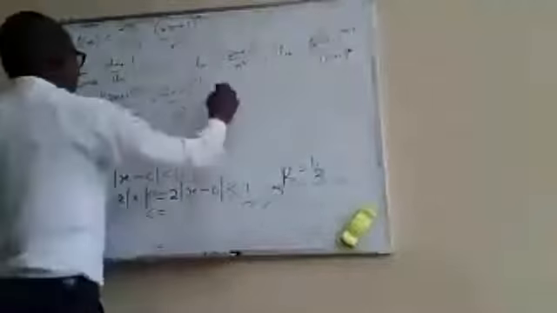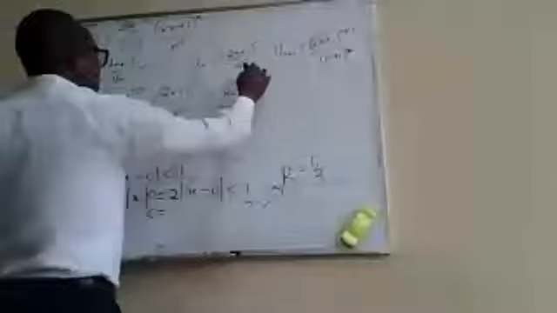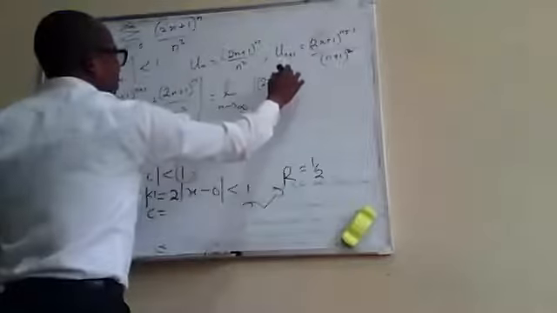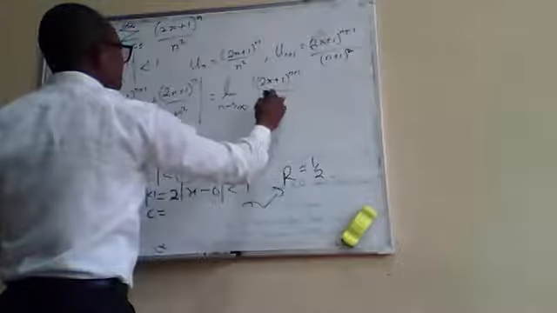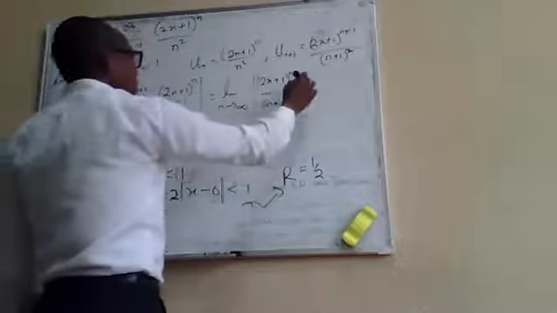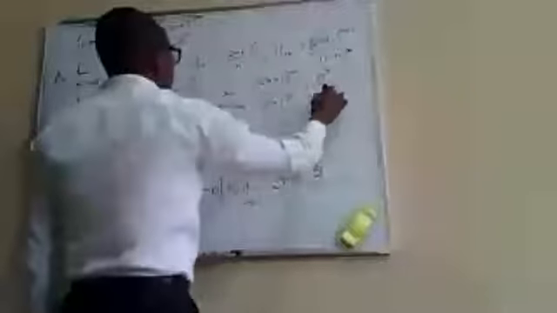Which you can rewrite as the limit as n tends to infinity of (2x+1)^(n+1) over (n+1) squared, times n squared over (2x+1)^n.